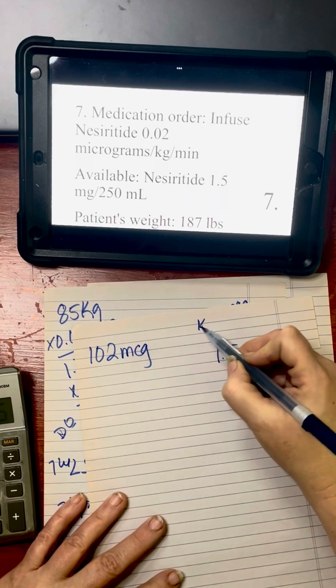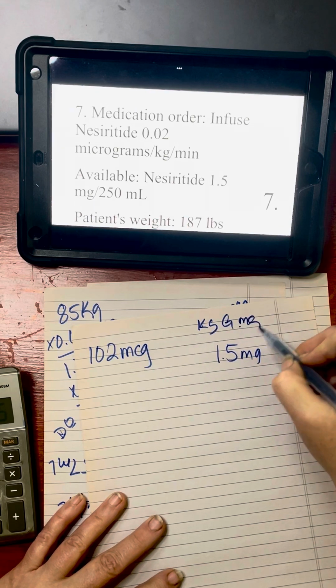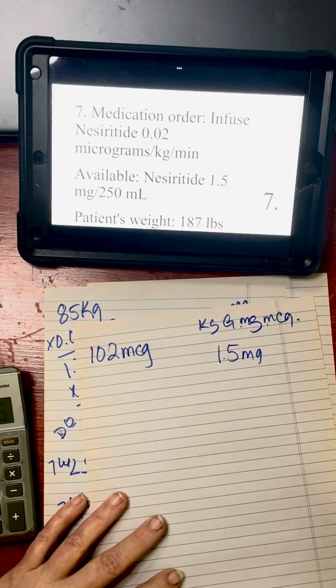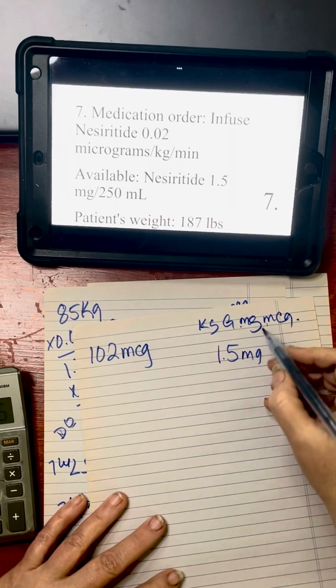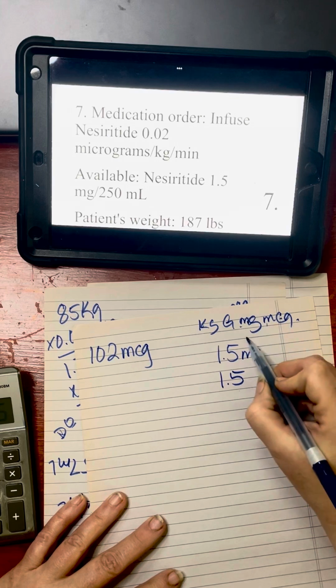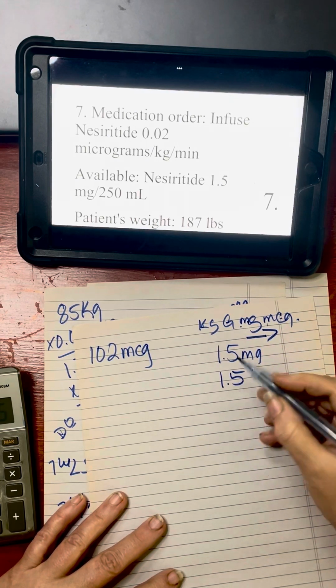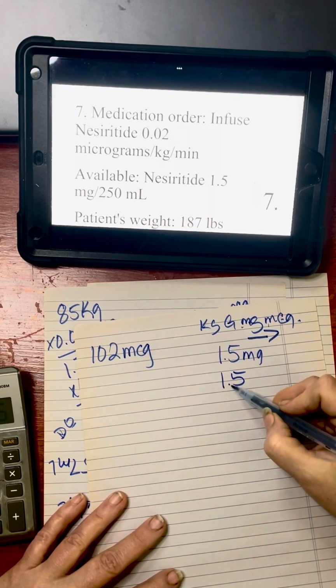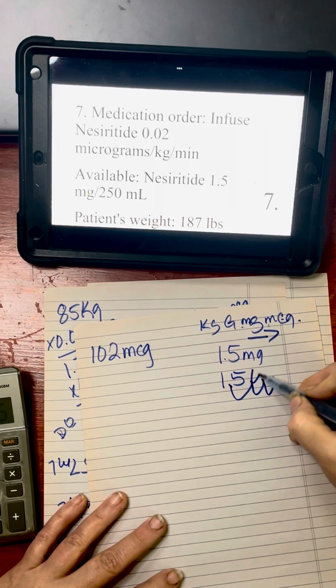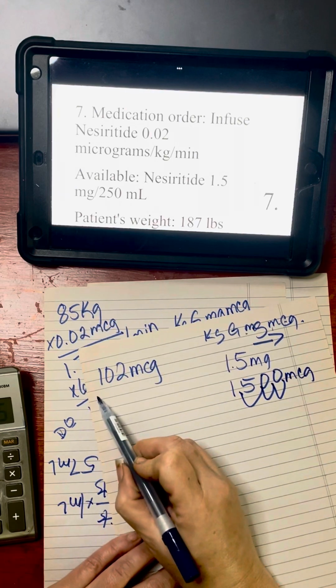If we, K, G, G, mg, mcg, if we wanted to get rid of all the decimals, that 1.5, we would go from milligrams to micrograms, which may be easier for some people, which is the reason why I'm doing this. We're going to move it 3 places, 1, 2, 3. And so that would be 1,500 micrograms.